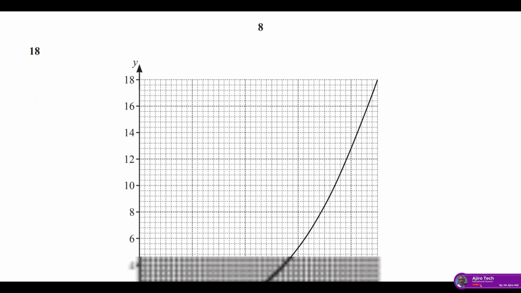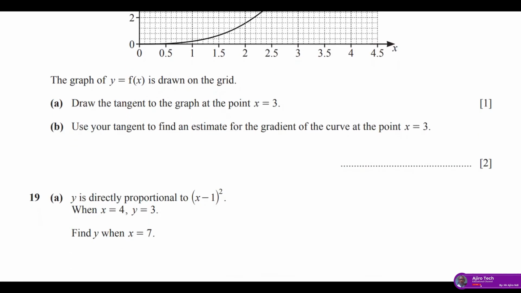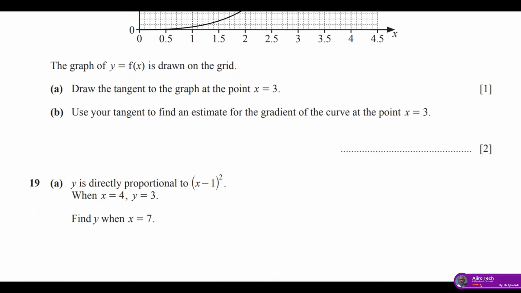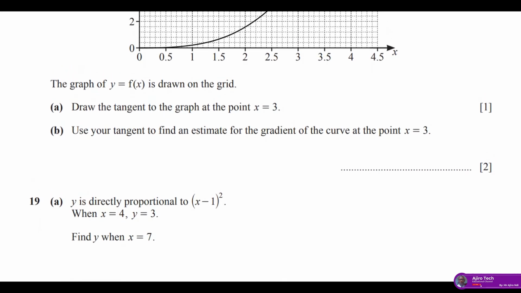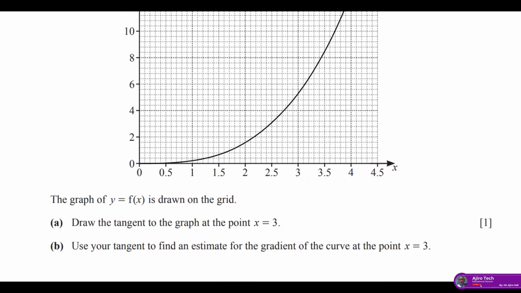18. The graph of y equal to f of x is drawn on the grid. Draw the tangent to the graph at the point x equal to 3. So let's look for where x is 3. This is the point where x is 3.